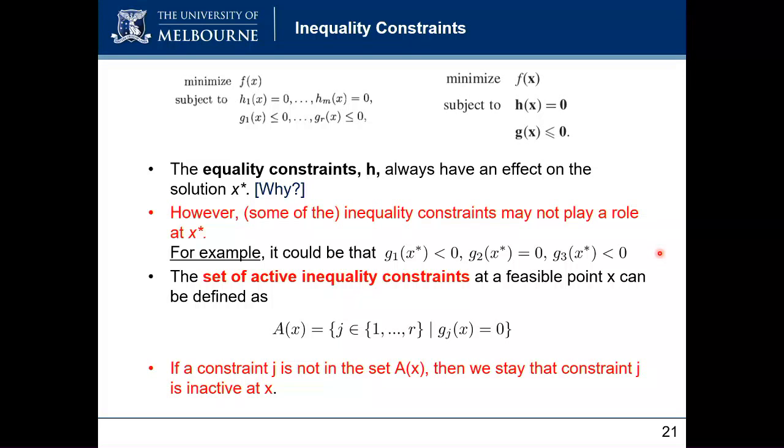For example, the box problem we were solving, maybe we should use that. You are given a piece of paper of a certain area. I could have said, use as much of the paper as you like to create the biggest box. That would be an inequality constraint, right? How much of the area am I going to use? The area is less than or equal to the total area.